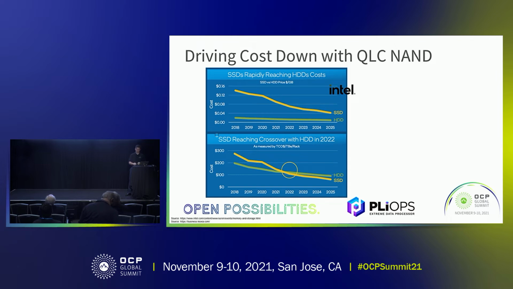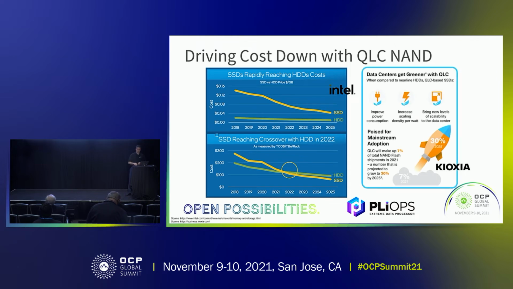That is truly amazing. Kioxia is also bullish on QLC because of its performance per watt and overall lower power consumption than hard disk drives, touting QLC as a green solution. Because of this, they project that QLC NAND will make up 30% of all NAND shipments by 2025.